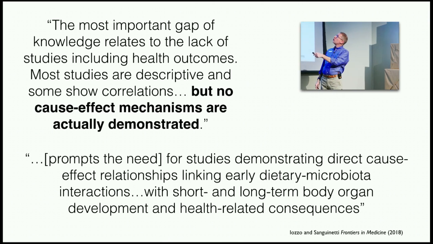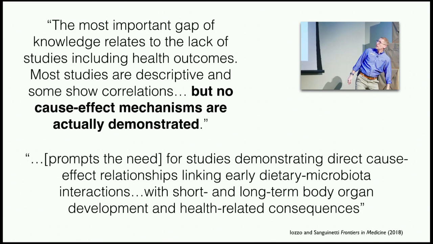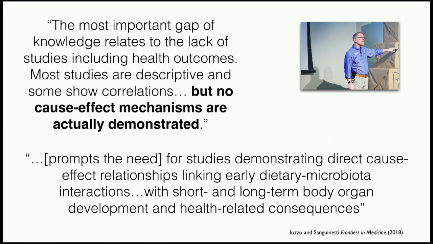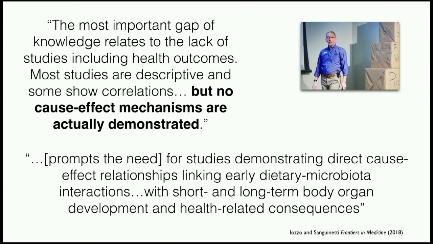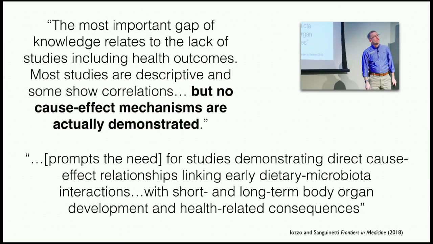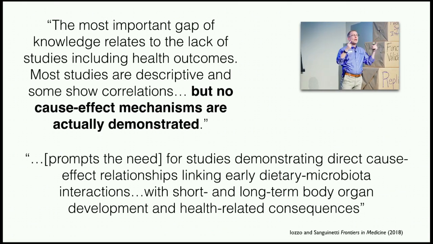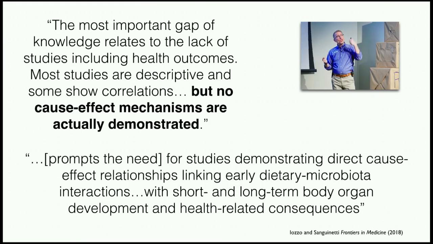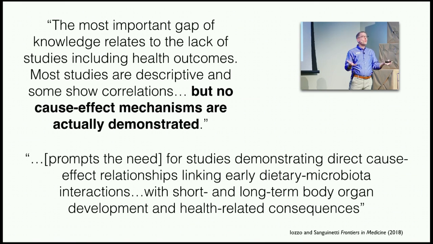Most studies are descriptive and some show correlations, but no cause and effect mechanisms are actually demonstrated. This prompts the need for studies that demonstrate direct cause and effect relationships that link early dietary and microbiome interactions, and then go on to look at the short and the long-term impacts on organ development and health. We just don't have a lot of that data.